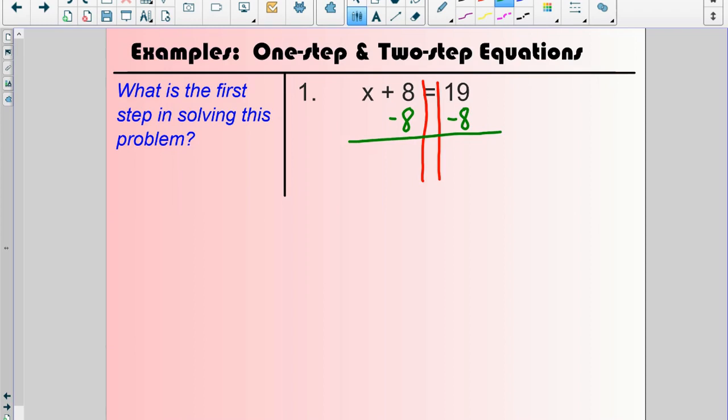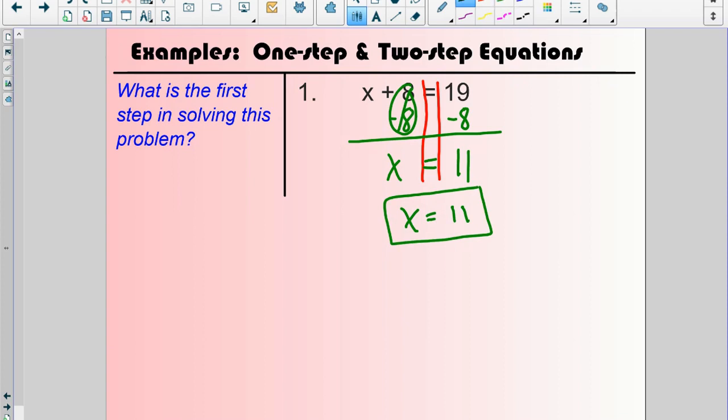So I subtract 8 on each side, and if I take the positive 8 and subtract 8, it gives me 0. X plus 8 minus 8 is just x. On the other side, 19 subtract 8 is 11. So x equals 11 is my solution.